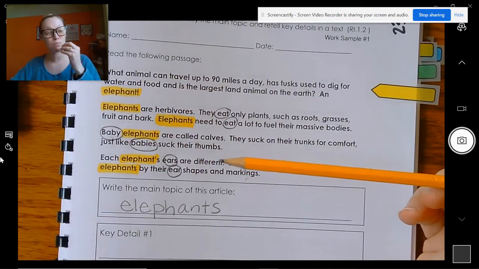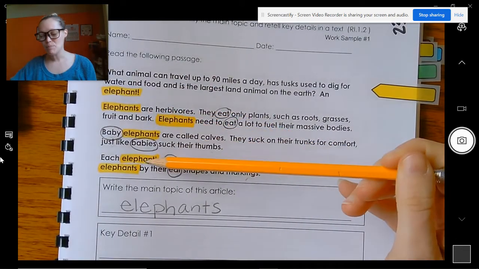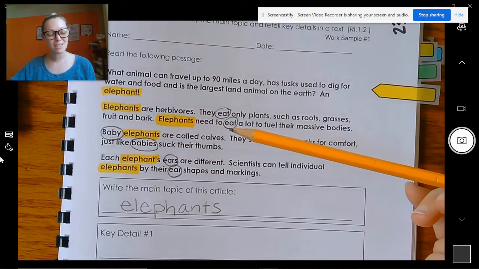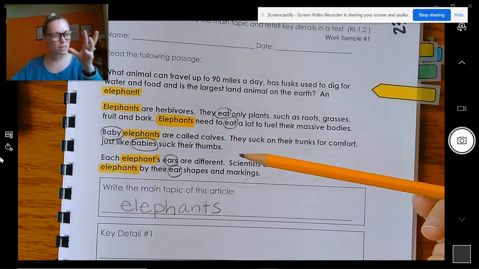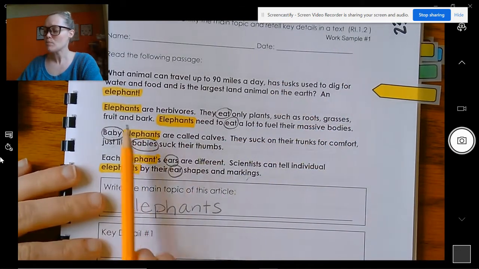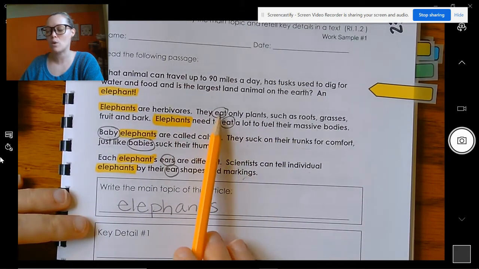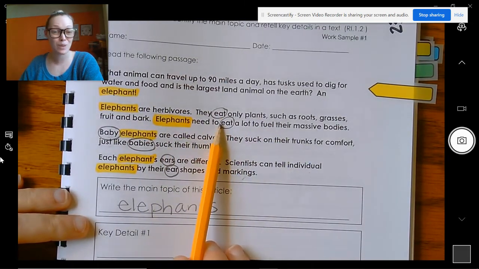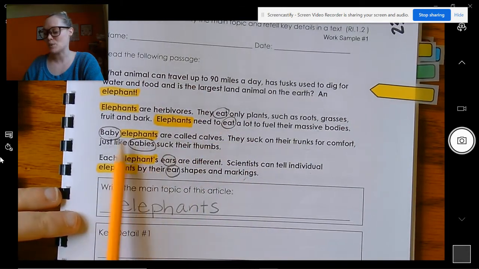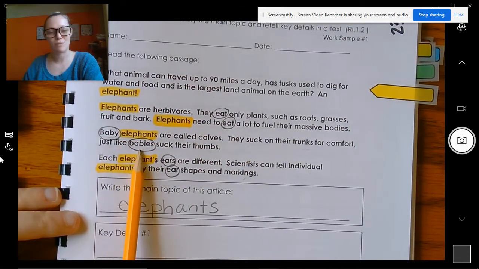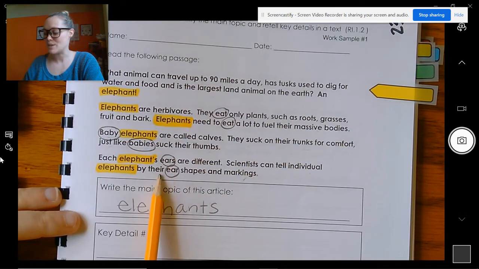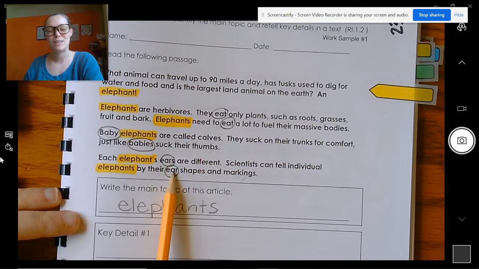They didn't repeat as much as elephants, so those weren't our main topics, but they kind of pointed out key details to us. So this whole section right here, we noticed that it was talking about what elephants eat and how they eat. This one was talking about baby elephants. And down here, it was talking about elephant ears.